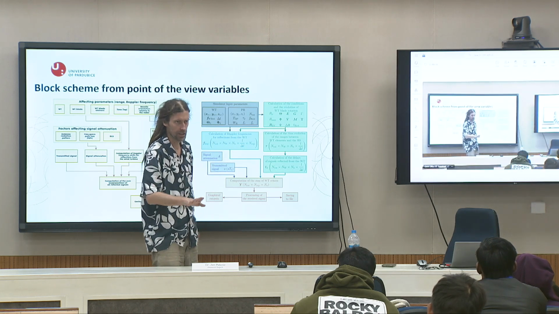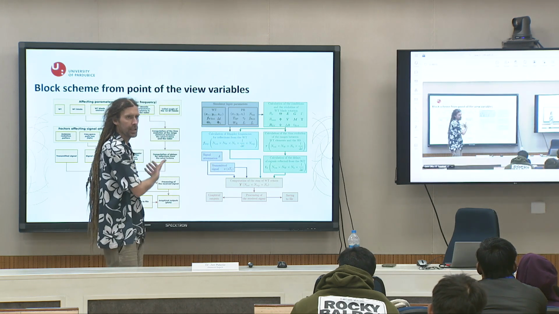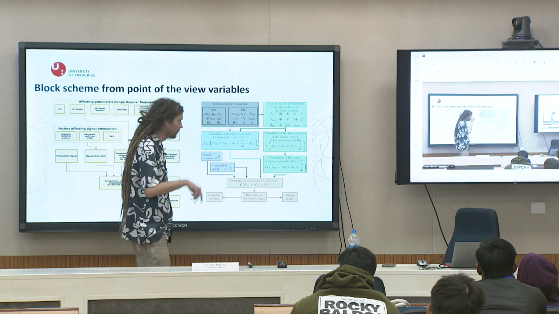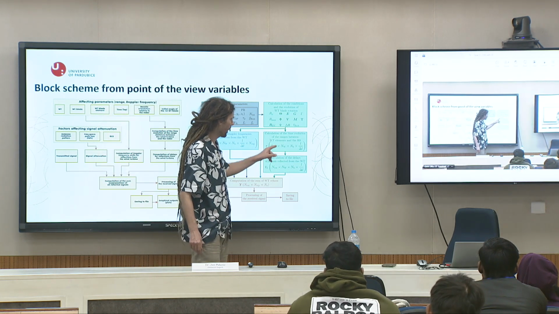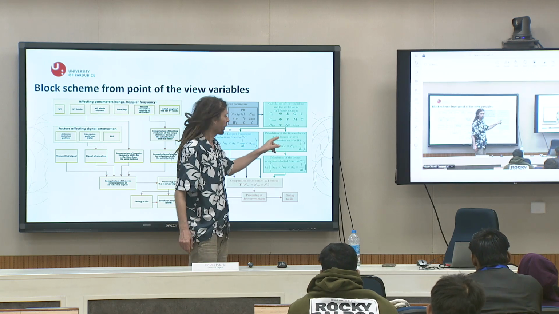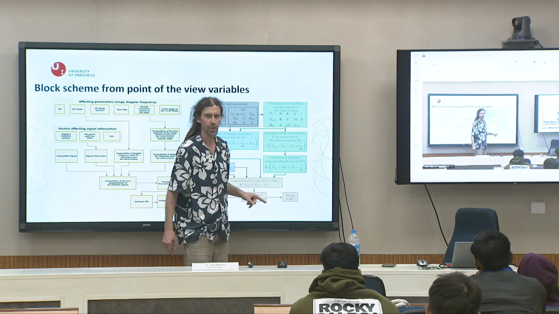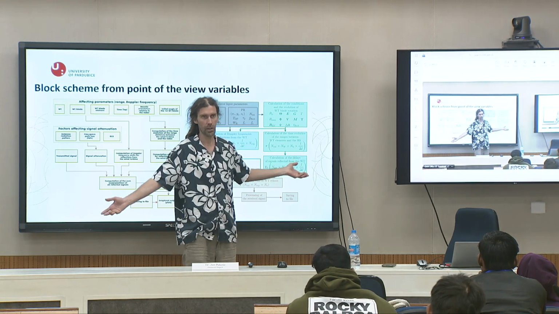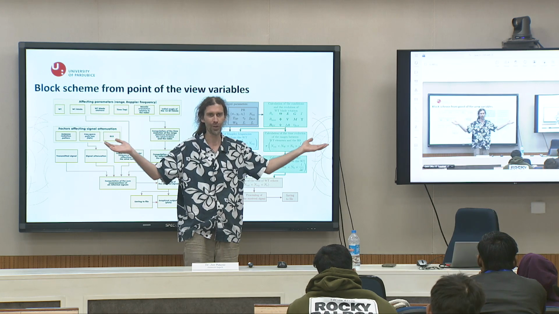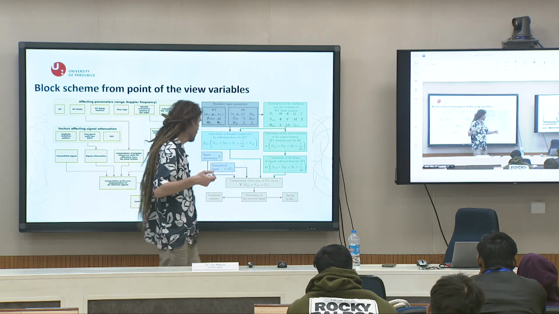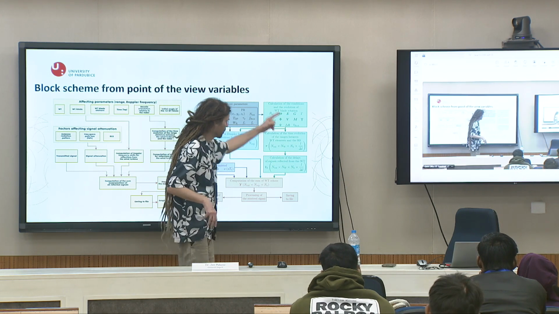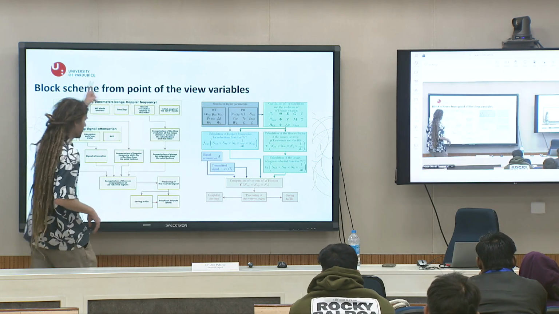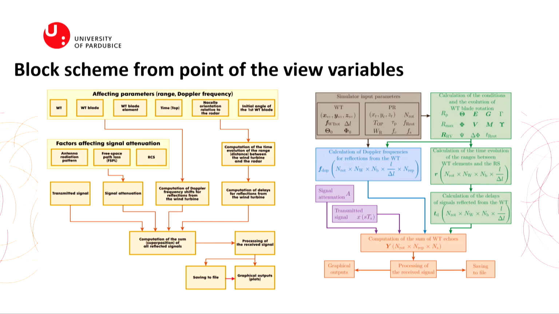Then from range, for each range I calculate each delay, because range and delay, through the speed of flight, are mutually related. And from all this calculation, I make the computation of the sum, and the output will be a 3D matrix.